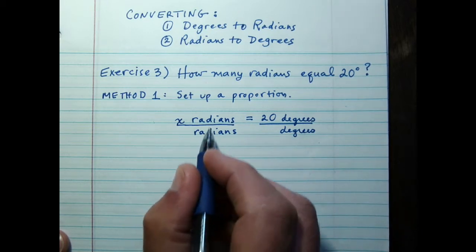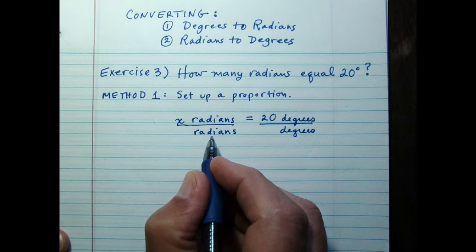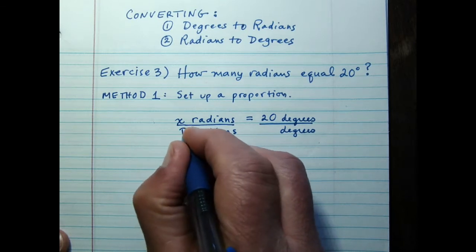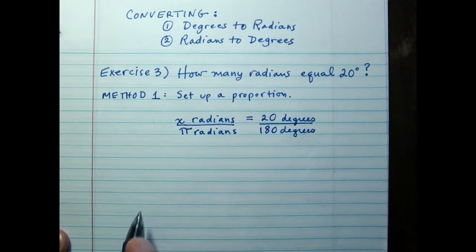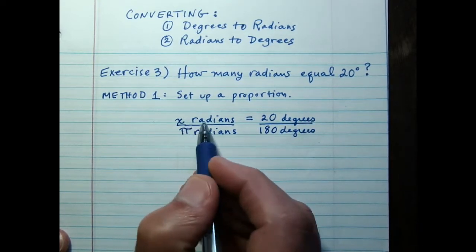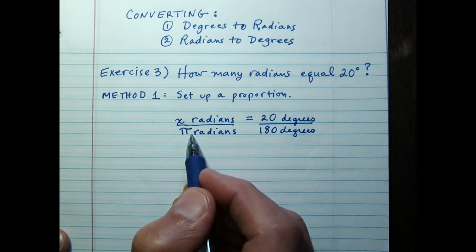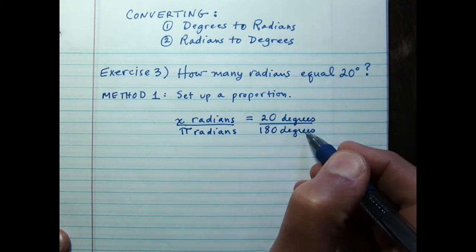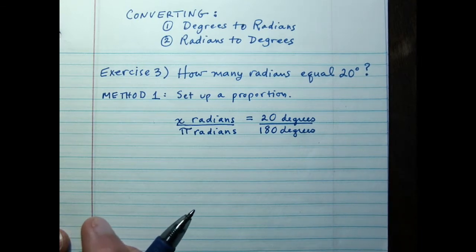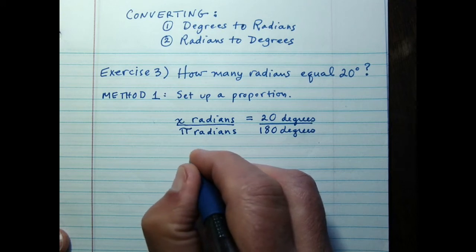Now I have to write radians first to be consistent in the proportion, so I'm actually going to write pi radians here and 180 degrees here under the 20. And the fraction x radians over pi radians has to equal the fraction 20 degrees over 180 degrees. These quantities got to be proportional to each other. So now I can remove the units.